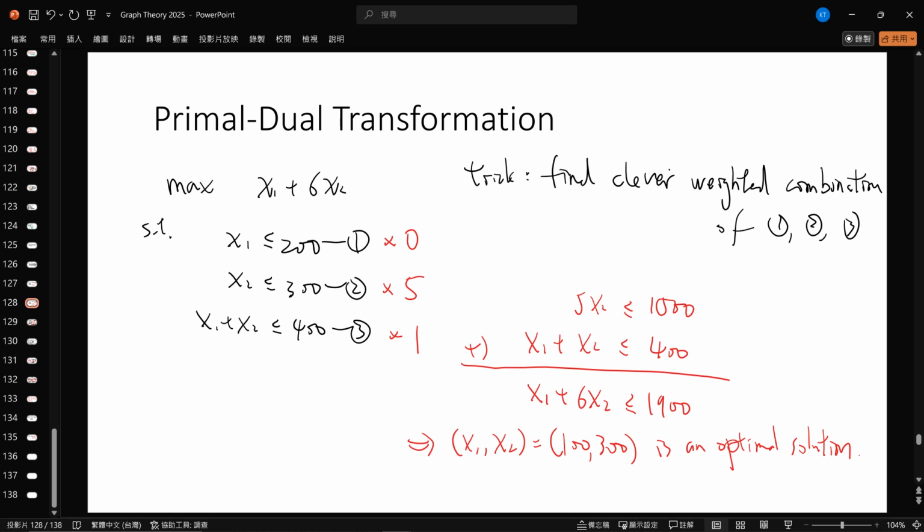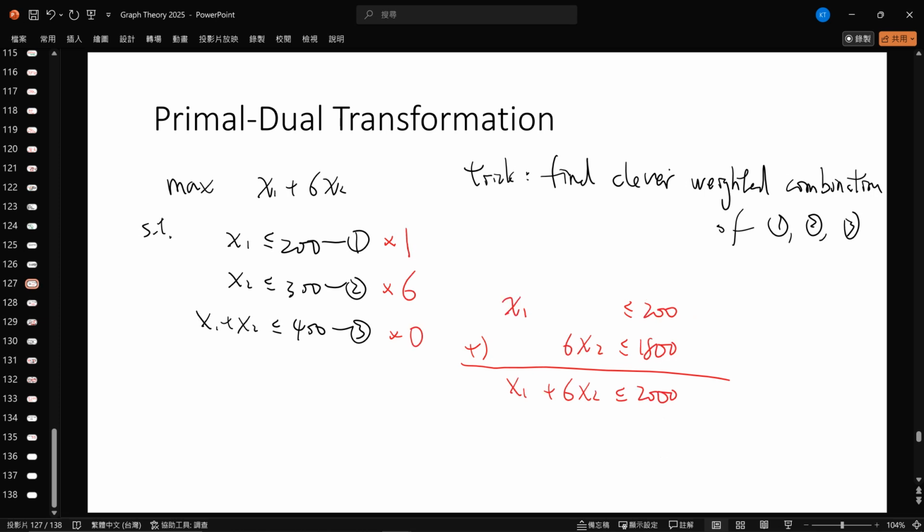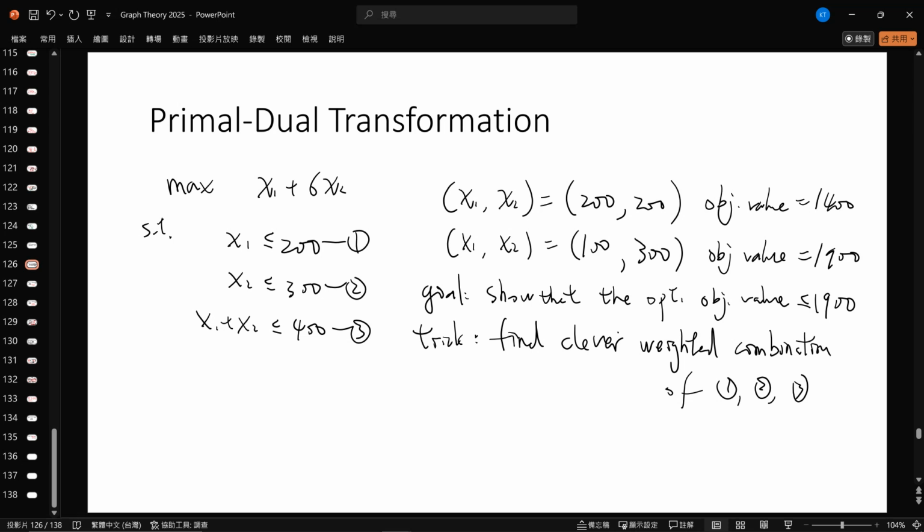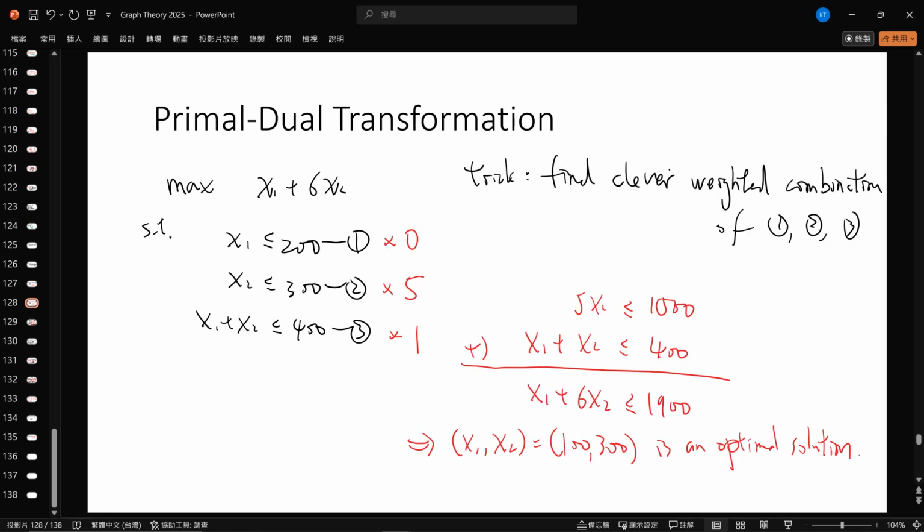The result is an upper bound of 1900, which matches the objective value of the previous solution. So 1900 is the best you can achieve. If you have a solution whose objective value is 1900, then that solution is optimal.